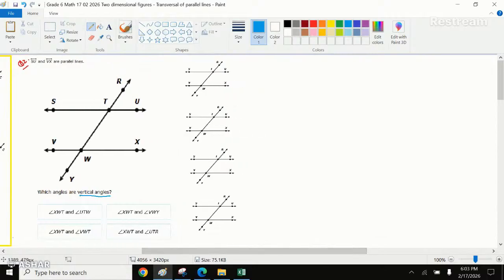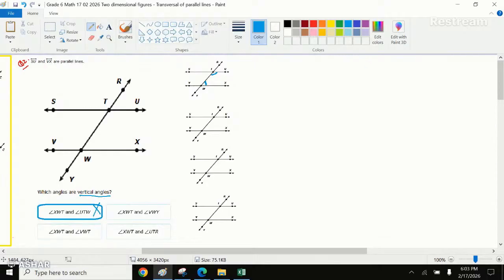This was X, W, and T. X, W, T is this angle if we are considering the first option. Okay, I'm using the same color code. And what about the next angle? That is UTW. Where is U, T, and W? Okay, so they are not vertical angles, agreed?